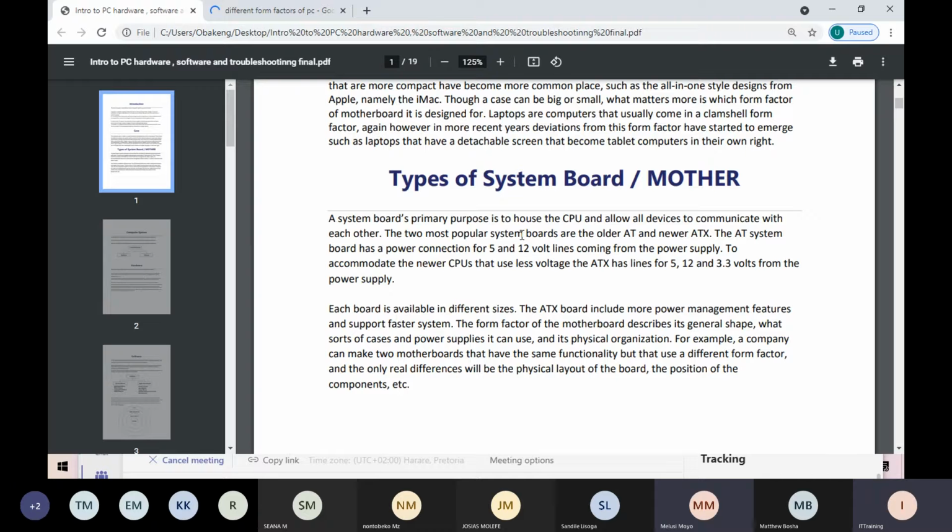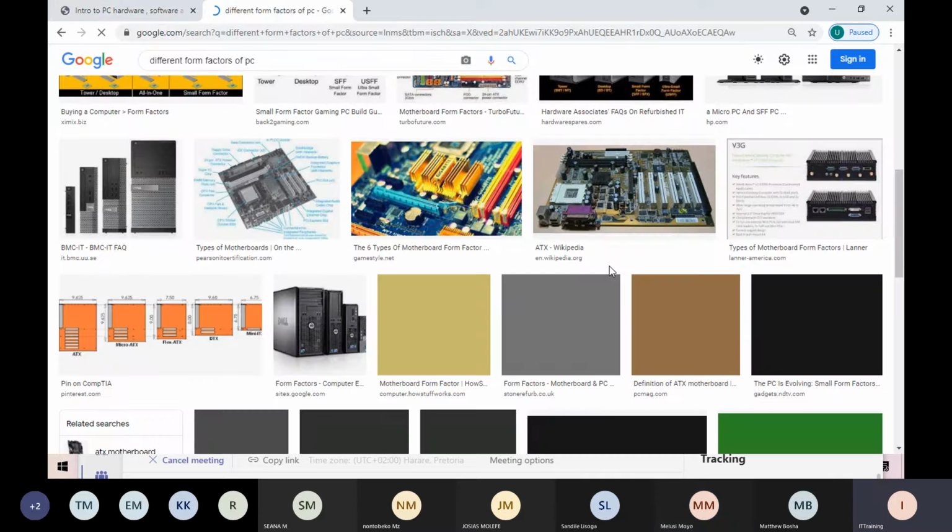Yeah, Chrome will slow it down, the 2 gig PCs. Can I use a different browser? Yeah, try to use a different browser. Anytime you want to use a browser, try to use a different browser. Yeah, I do have a different browser right here.